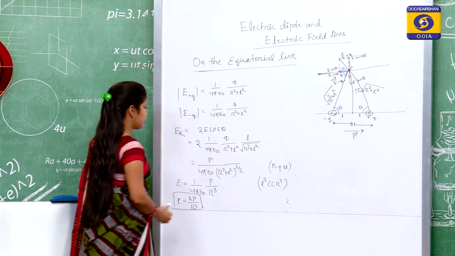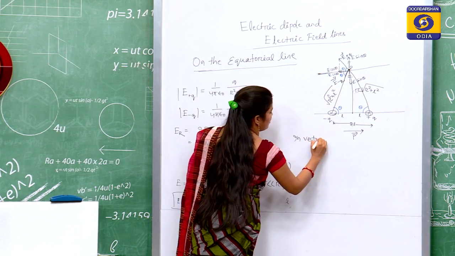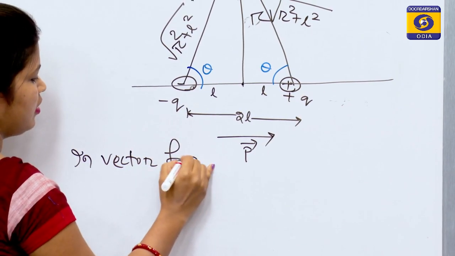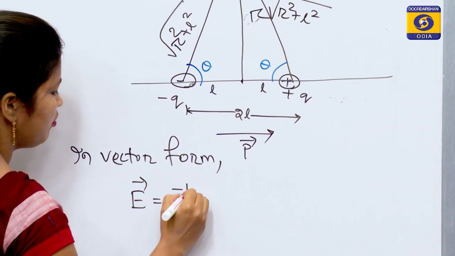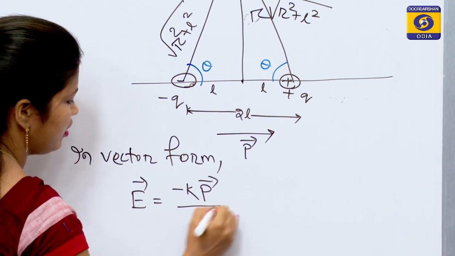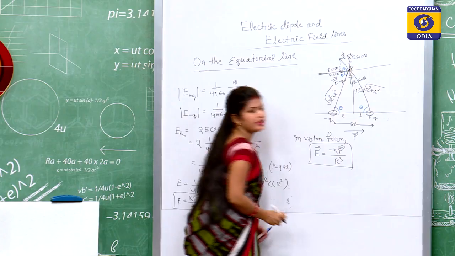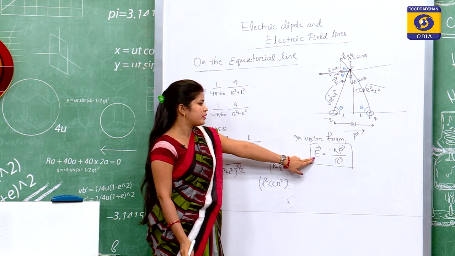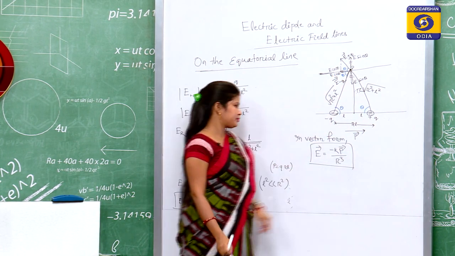So, in vector form, we will get E vector is equal to minus k p upon r cube. The negative sign here indicates that the direction of electric field intensity is opposite to p. Okay.